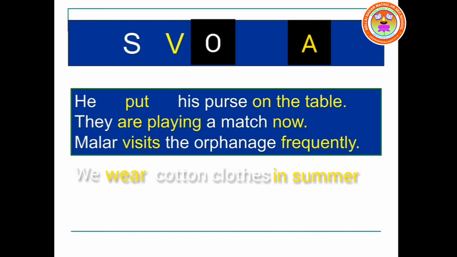On the table is the answer for the question where. Now is the answer for the question when. Frequently is the answer for the question how. In summer is the answer for the question when. So these words are adjuncts.